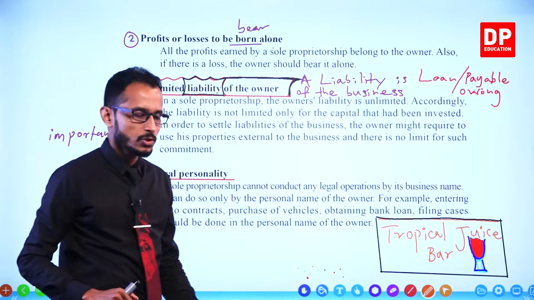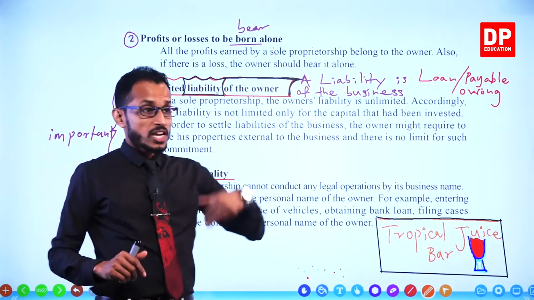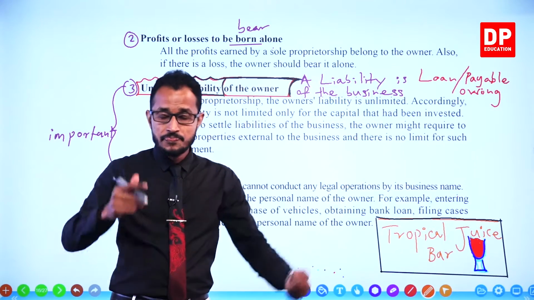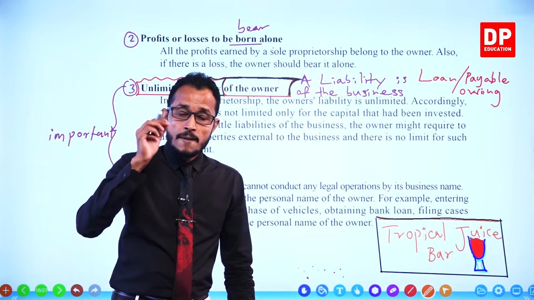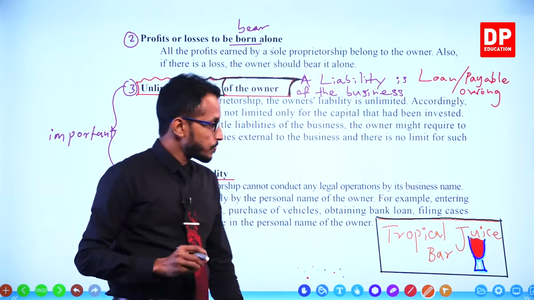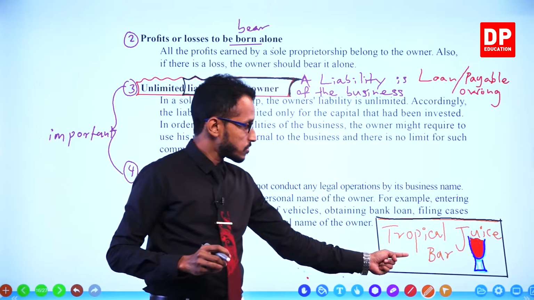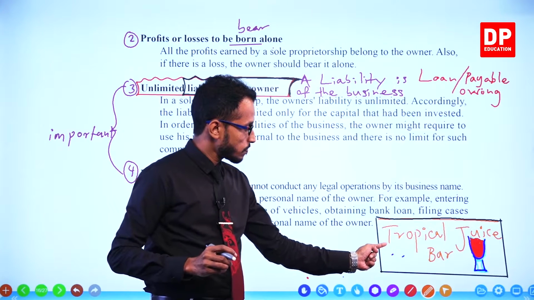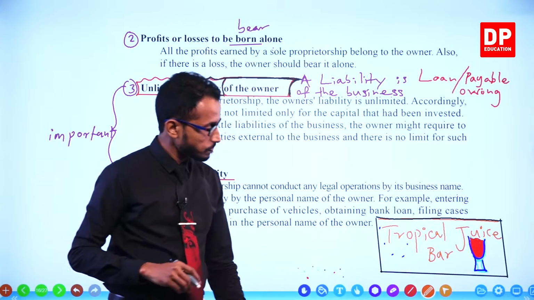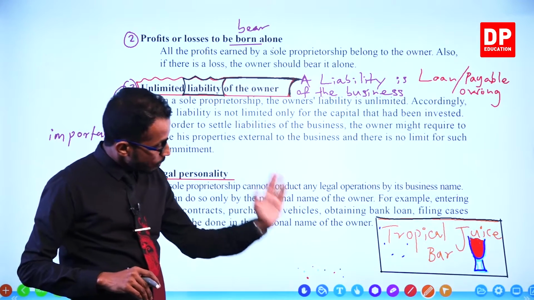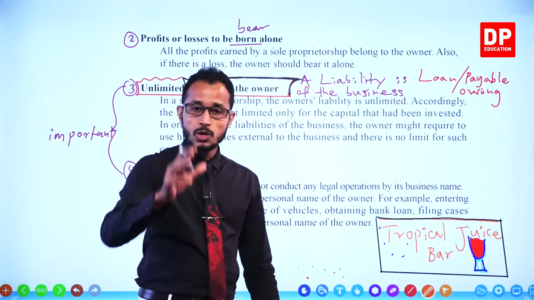External, that's right, good. So you go to such a bank or finance company and you take a loan. Can you take the loan under the name of your business, Tropical Juice Bar? Can Tropical Juice Bar take a loan?